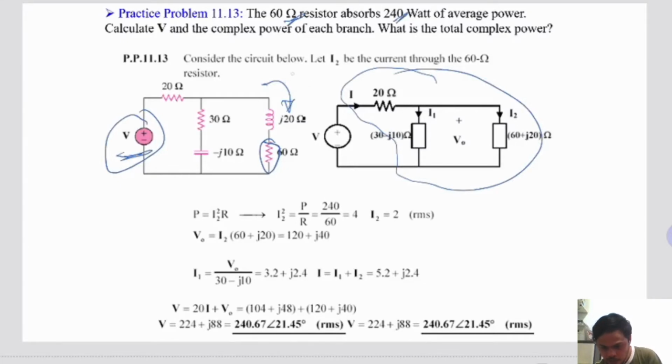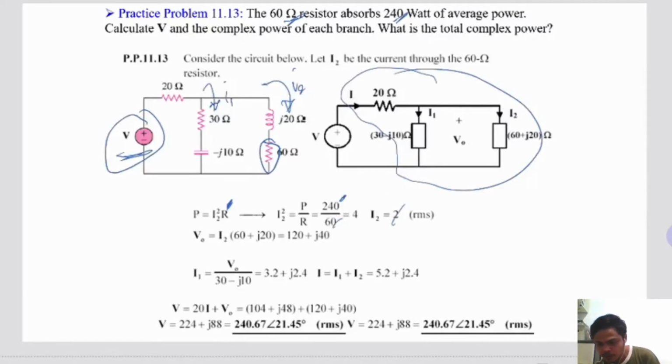Let's denote this as I2. This one here is I1. For the resistive load, you have I squared R, and here we can determine the value of I2. For the resistor, you have 240 watts divided by 60, so we have 2 amperes RMS.